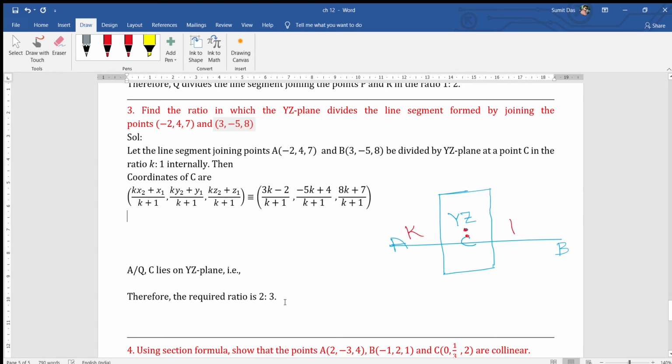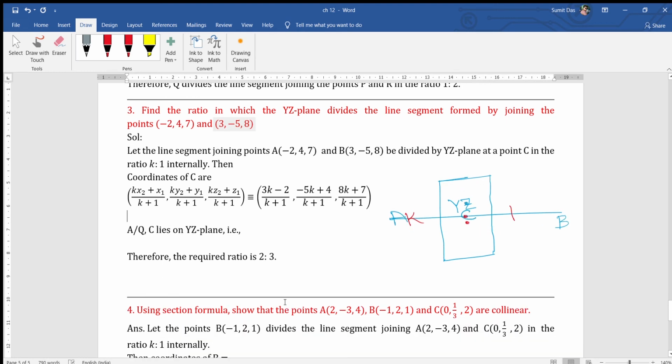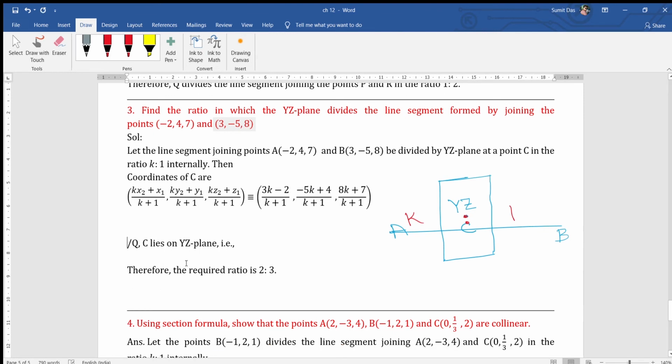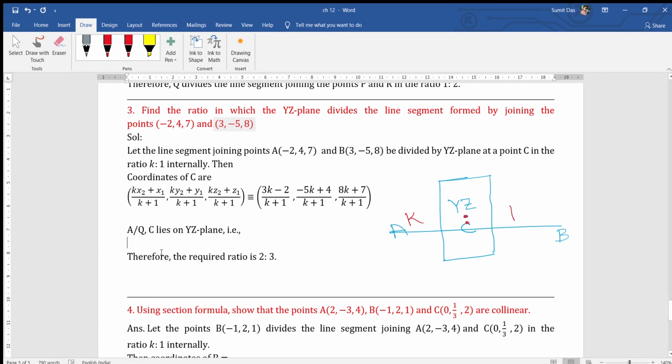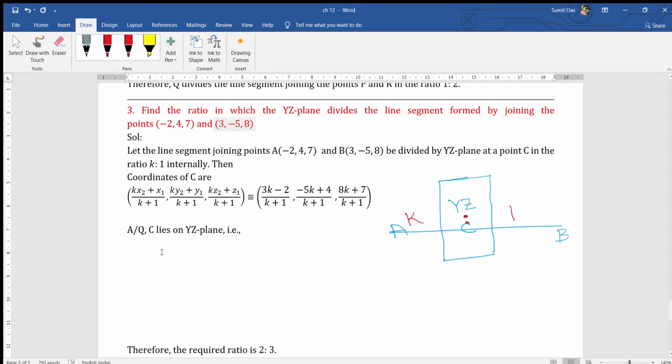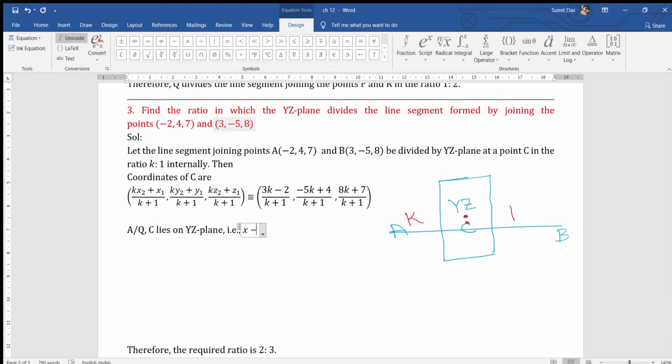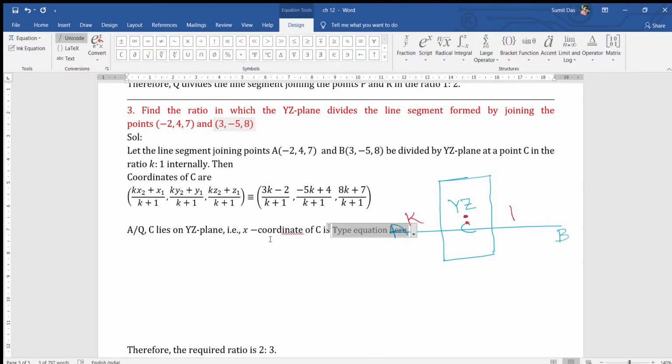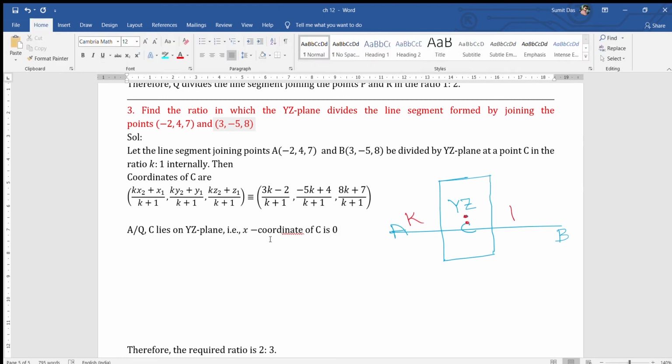Now according to the question, C lies on the YZ plane, so the x coordinate of C is 0.